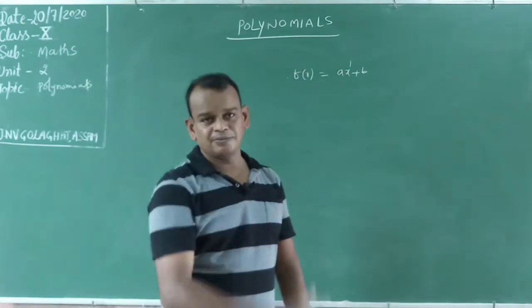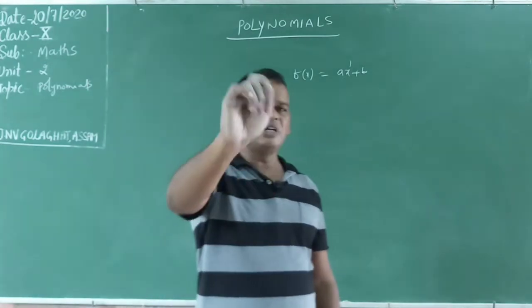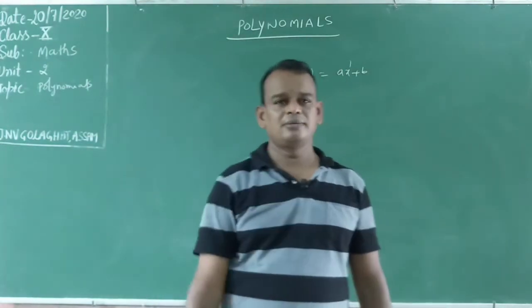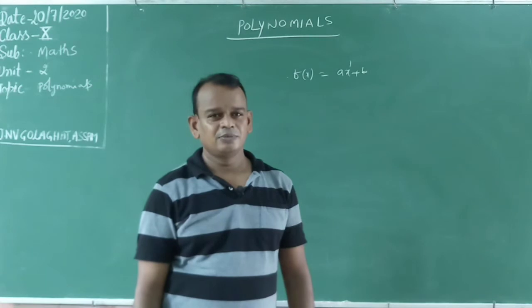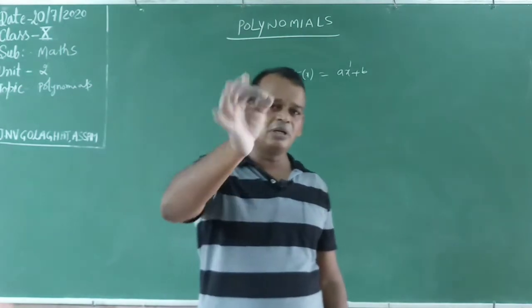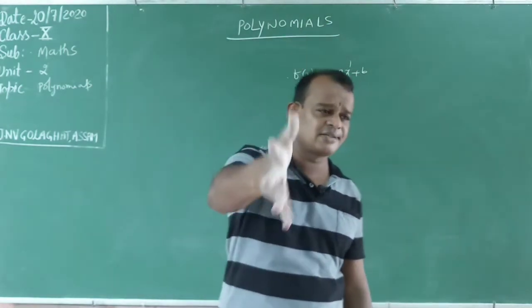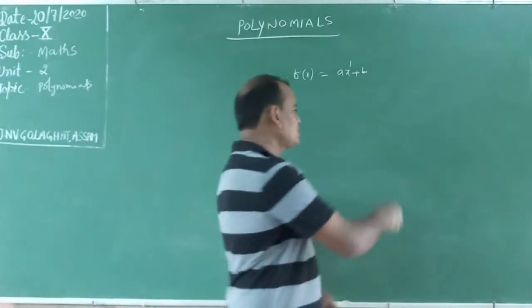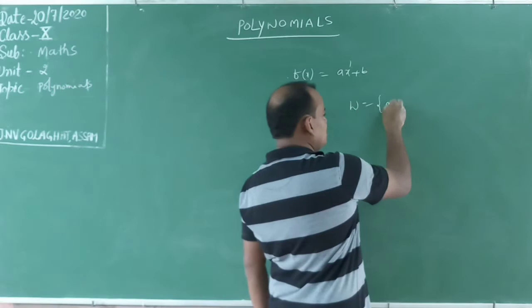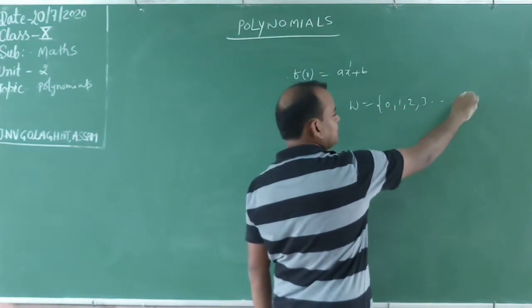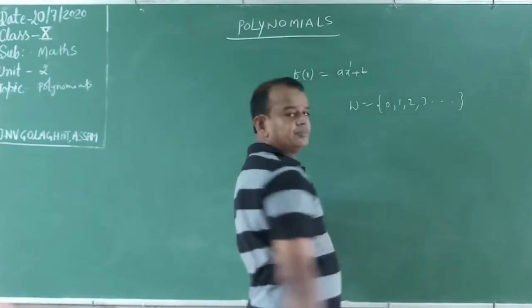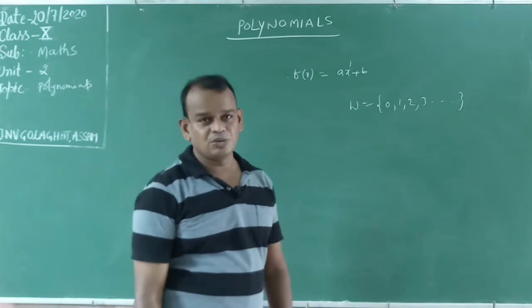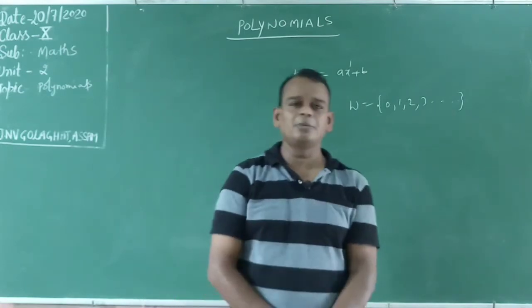Remember that the power of the variable is always a whole number. Suppose the variable is x; the power of x is always a whole number. What are the whole numbers? 0, 1, 2, 3, and so on. Not negative. If the power is negative, it is not a polynomial.